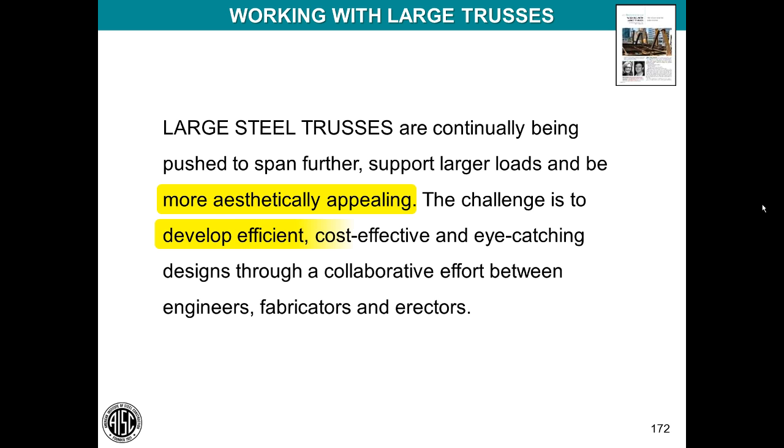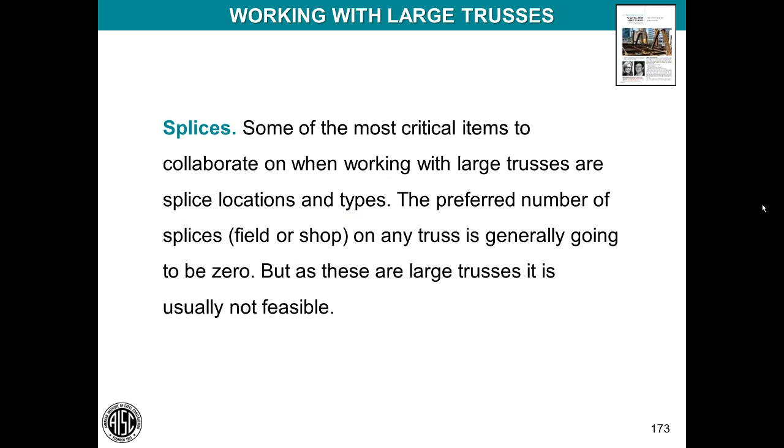Continuing on, some of the more critical items to collaborate on when working on large trusses are splice locations and types. The preferred number of splices on any truss is generally going to be zero. But on these large trusses, it's usually not feasible.